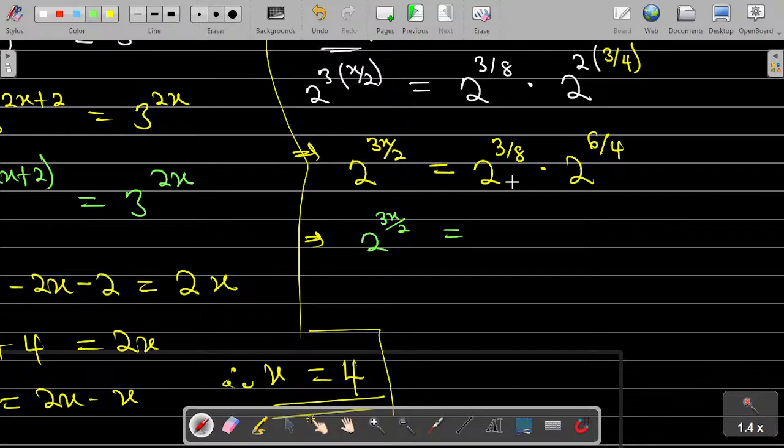And on the right hand side, you apply that first rule of multiplication by adding your 3 over 8 to 6 over 4. So let's see, 3 over 8 plus 6 over 4. LCM is 8. 8 into this will give us 3. 4 into this will give us 2 times 6 is 12. And that's going to give you 15 over 8. Nothing can actually divide, so we just write it that way, 15 over 8. And that's beautiful.